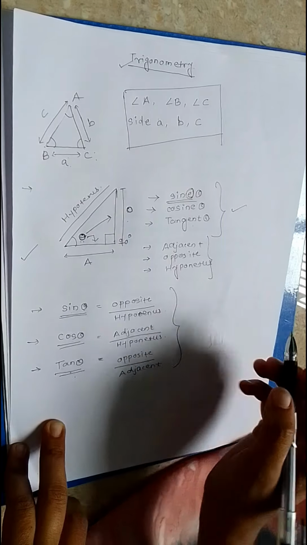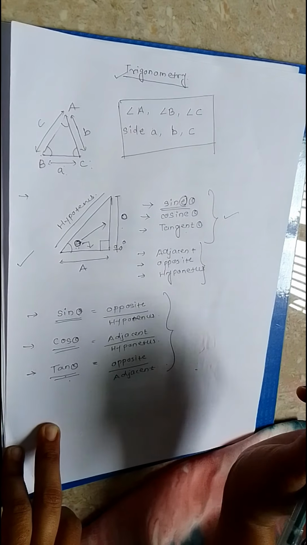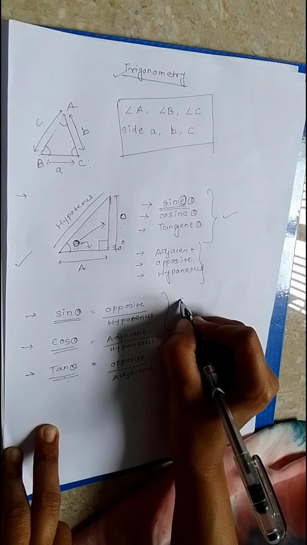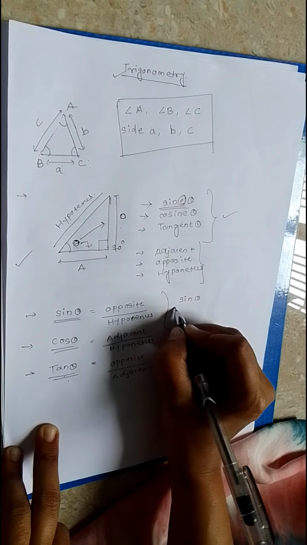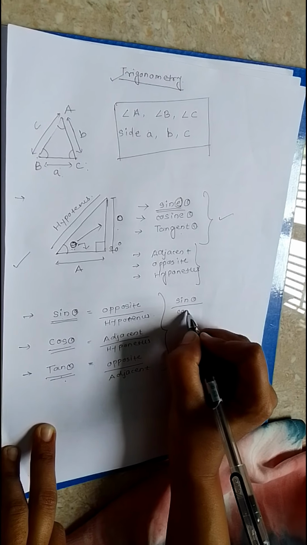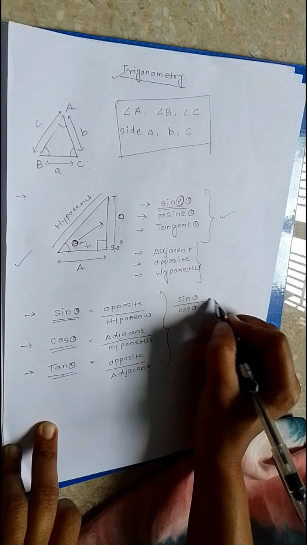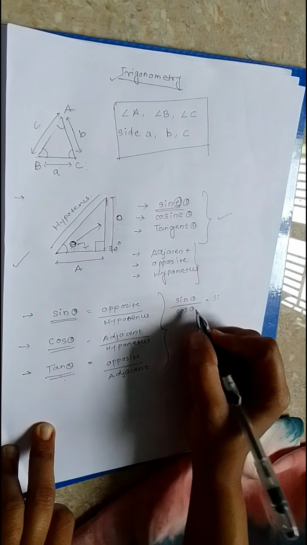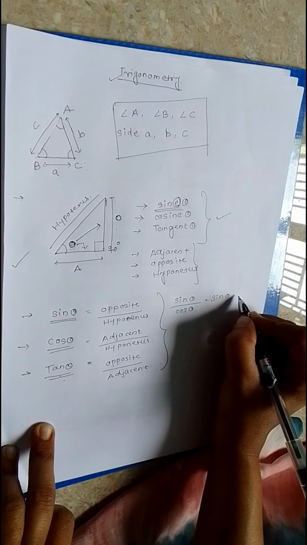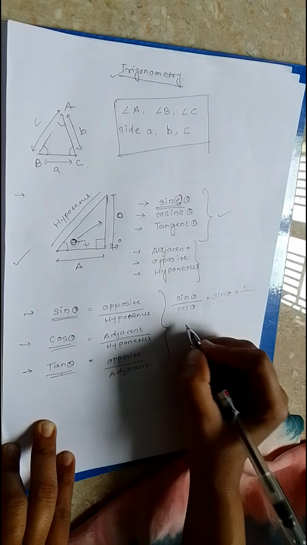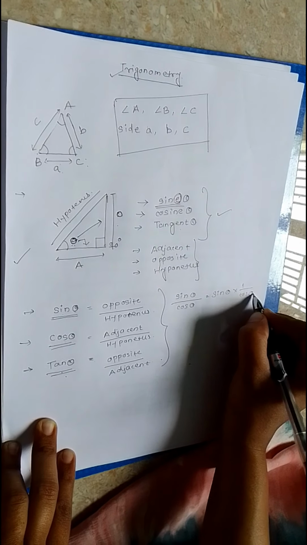Okay. Now we will play with these functions. If I divide the sine function by the cosine function, I can write it as sine theta times 1 upon cos theta.